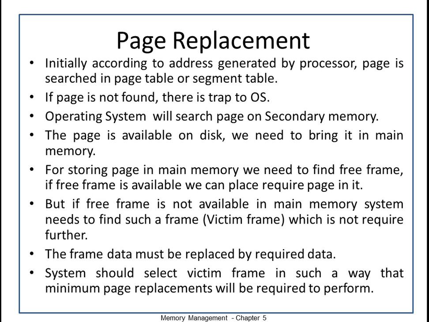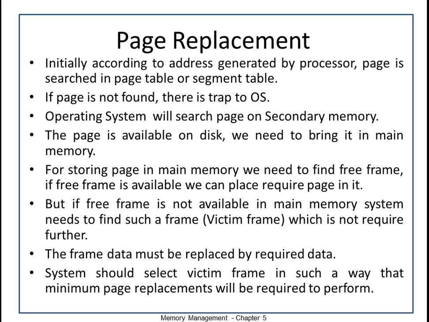We need to bring it into the main memory for execution. For storing the page in the main memory, we need to find a free frame. And if a free frame is available, we will place our required data into it. But if a free frame is not available in the main memory, the system needs to find a frame, that is the victim frame, which is not required further.